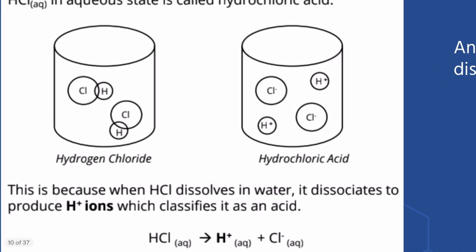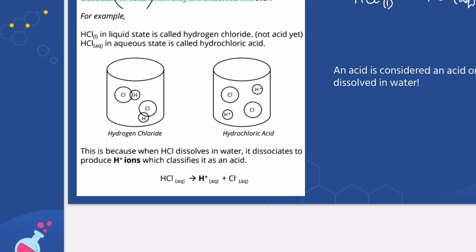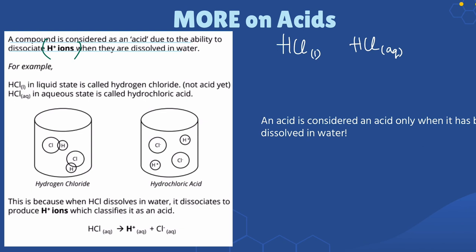So in hydrogen chloride, we see there's a bond between hydrogen and chlorine. However, in hydrochloric acid, we see that the H+ ions are dissociated, so they're alone, not bonded with chloride ions. And this is what gives it its properties. Hence, hydrogen chloride is not an acid. It doesn't have any acidic properties, while hydrochloric acid does. And we can see the dissociation of hydrochloric acid here.